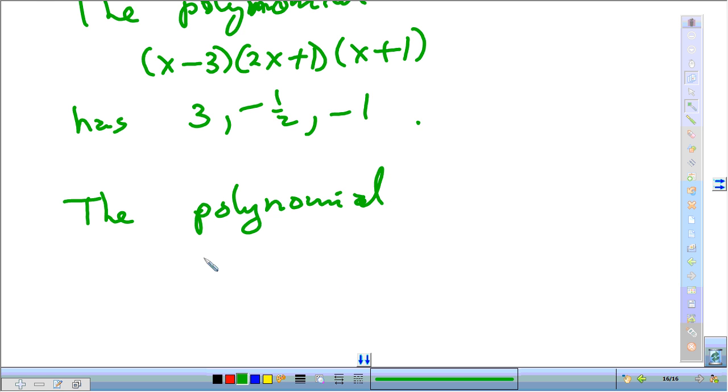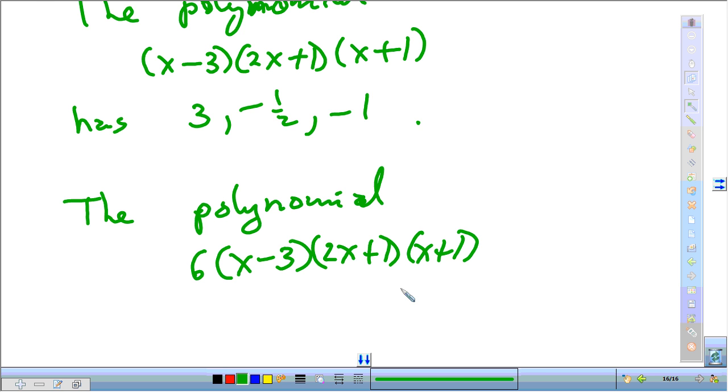So, if I write a polynomial 6 times the example above, I still get the same roots. All I've done is change the leading coefficient.